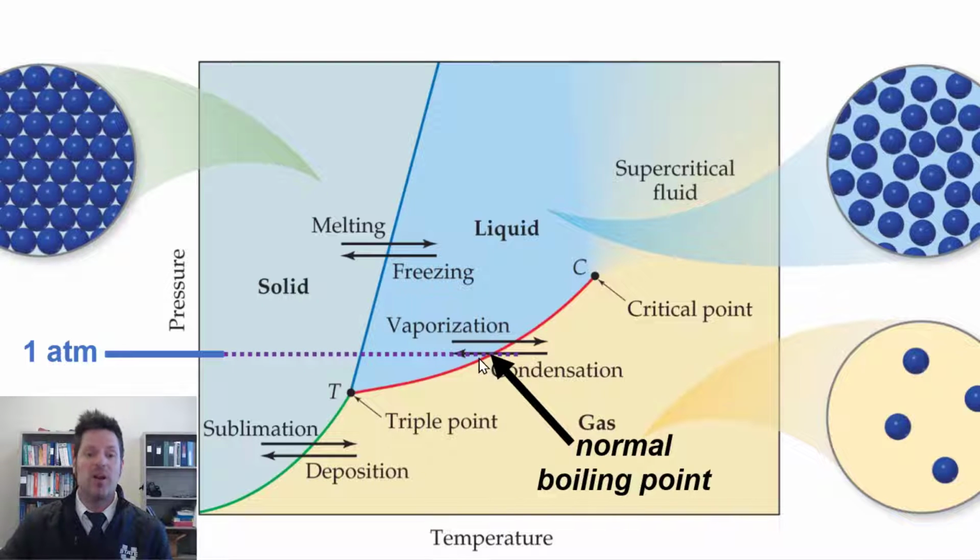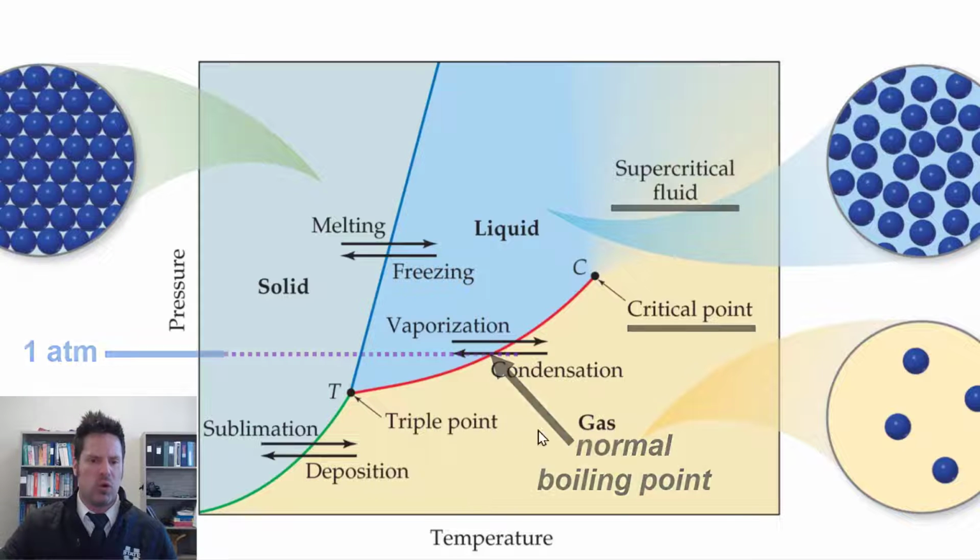That is the place where this substance converts from liquid to gas, that is, it boils at 1 atmosphere, where 1 atmosphere intersects that line of demarcation between liquid and gas. Separately, the place where this red curve ends, way over here, is called the critical point. Beyond this point, liquid and gas phases are indistinguishable, and the substance is said to be a supercritical fluid.